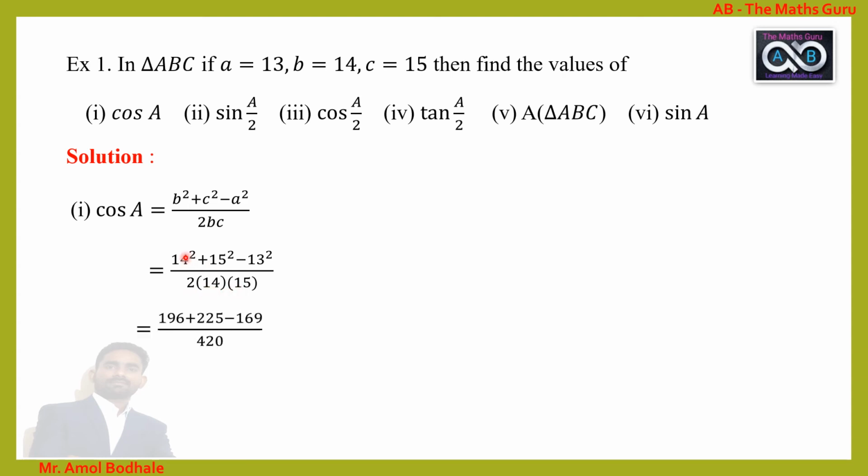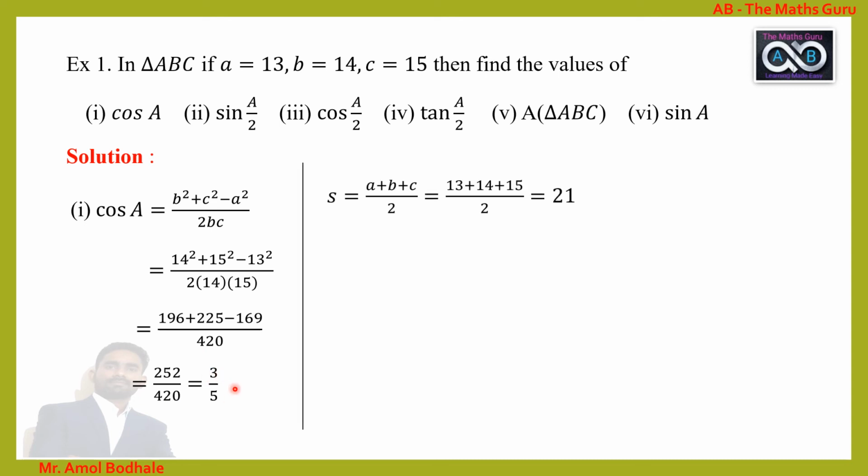So 14 square is 196, 15 square is 225, 13 square is 169, upon 2 into 14 into 15 is 450. By simplifying this we get 252 upon 420, and by simplifying this we get 3 upon 5.